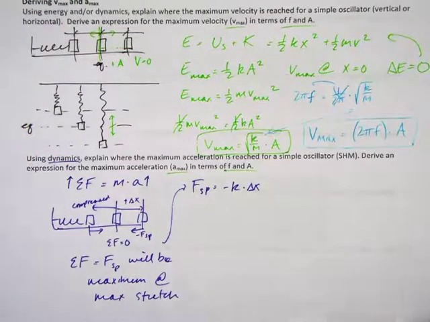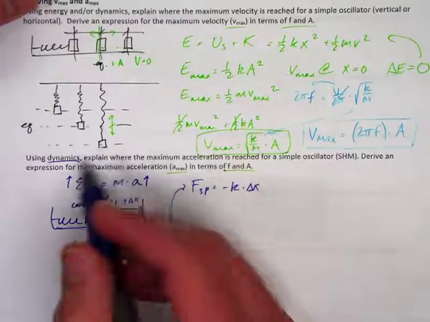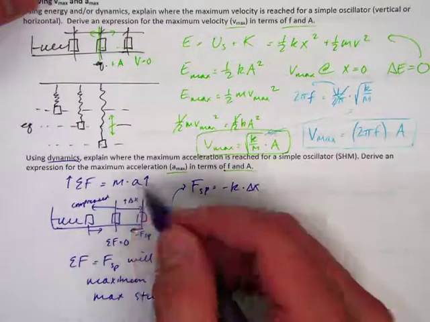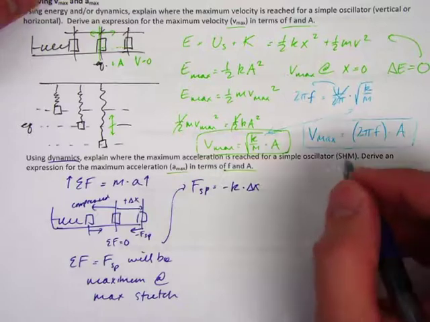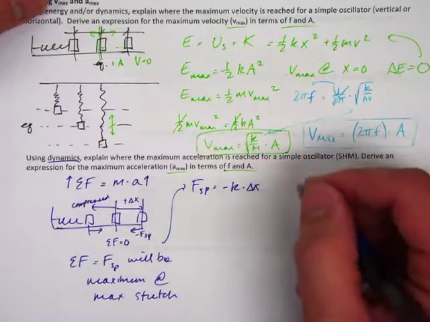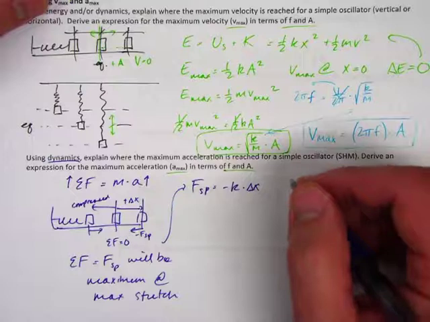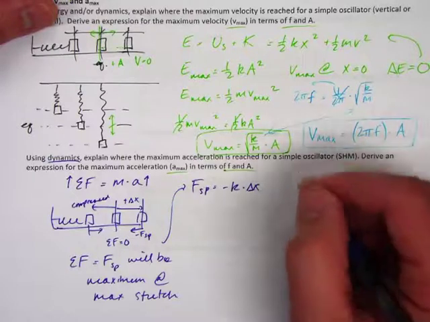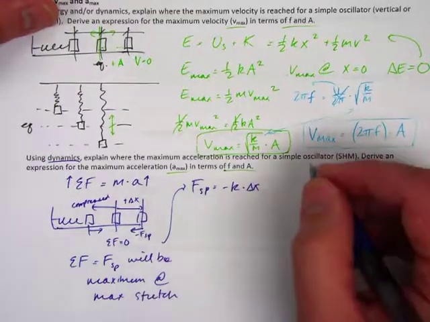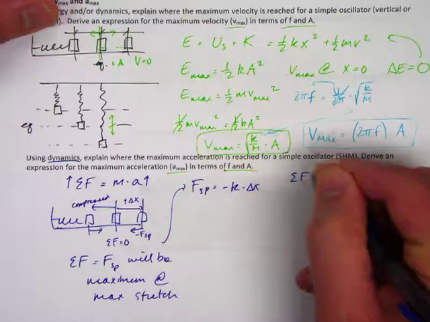So I want to come up with an expression at the max stretch for the acceleration. So I know that my spring force is minus k times delta x. So let's take Newton's second law.